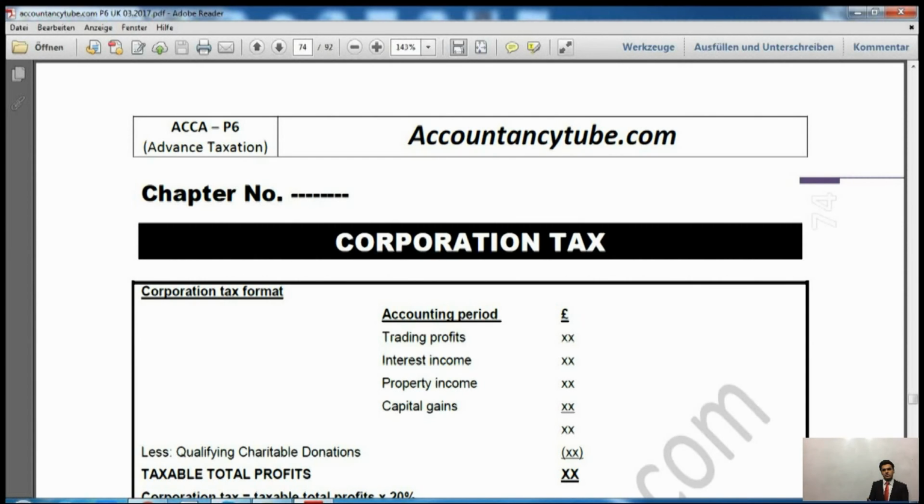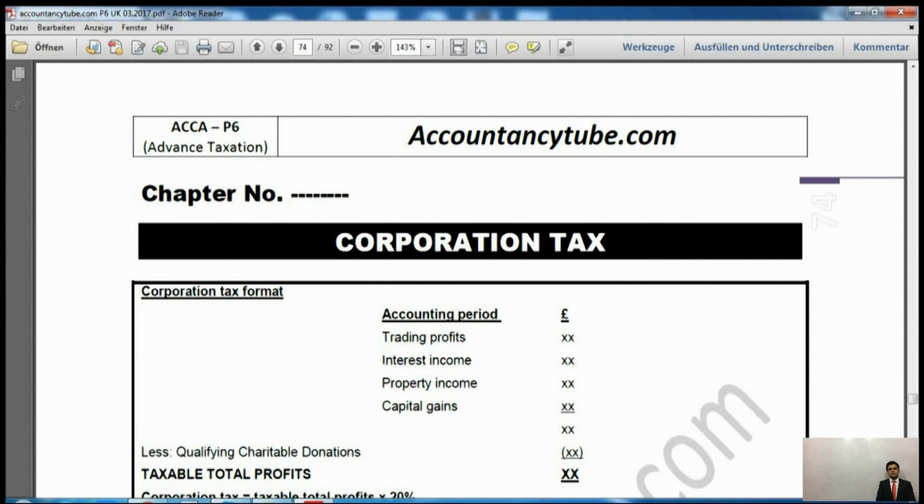Say for example, if a business has started and initially they have made accounts to 31st December, which was 12 months, right? So they were making accounts for 12 months. Now they might make the accounts for 12 months, they might make the accounts for less than 12 months or more than 12 months. We never know. It is up to the company.